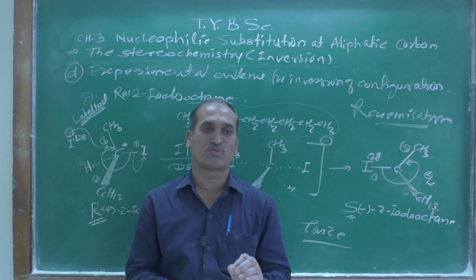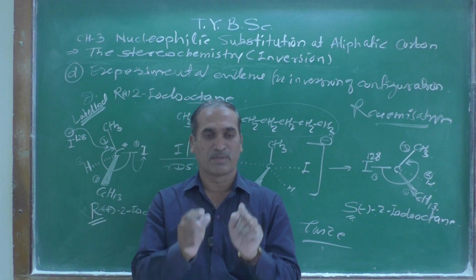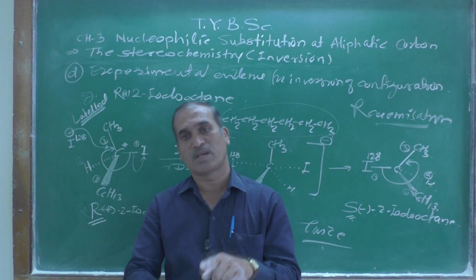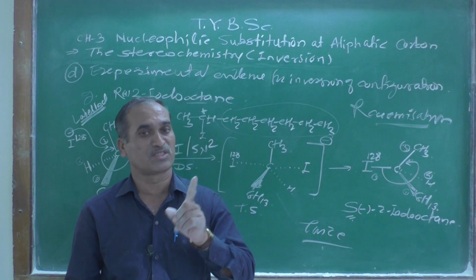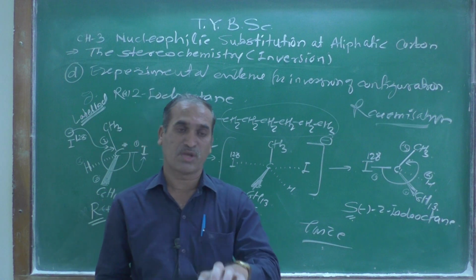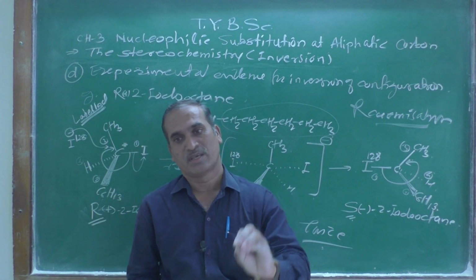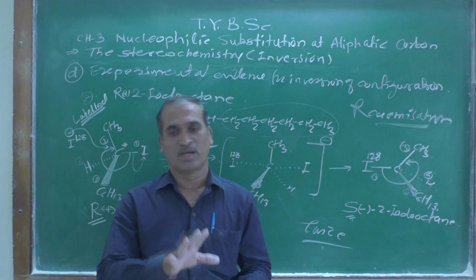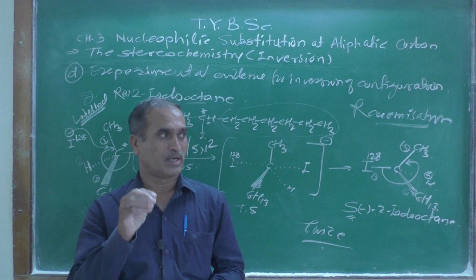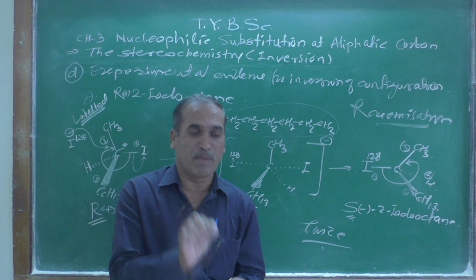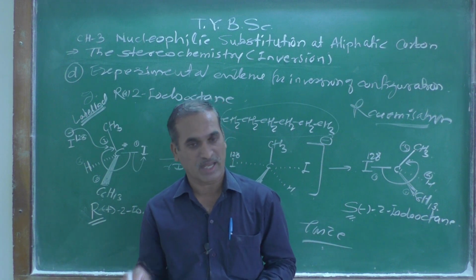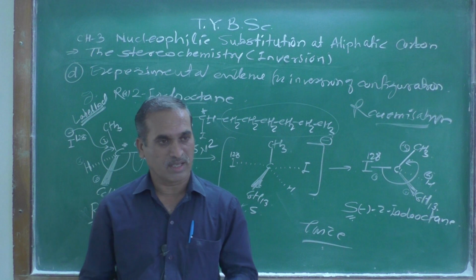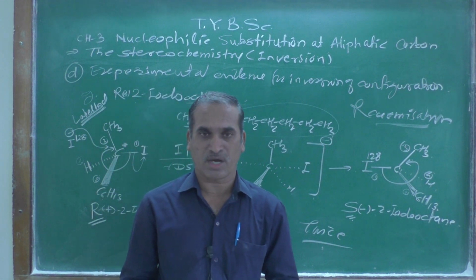Concerted reaction means the breaking of bond and the making of bond take place simultaneously, and that's why it is known as a concerted reaction. And the stereochemistry is always found to be inversion in configuration, and these are the key points to remember while studying the SN2 reaction. So I think with this, let us stop today here.